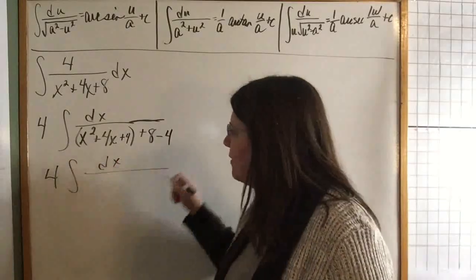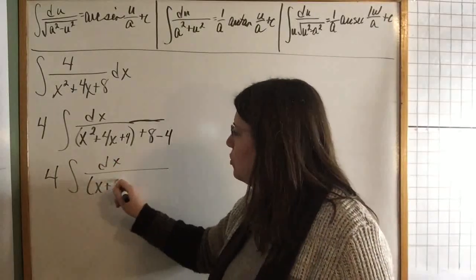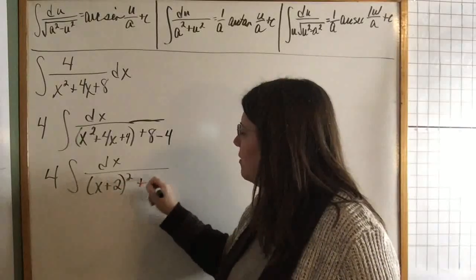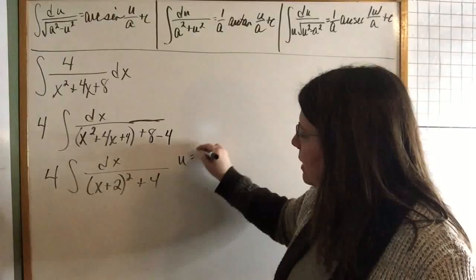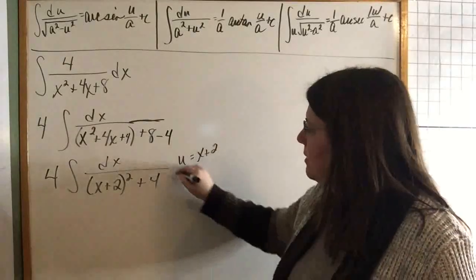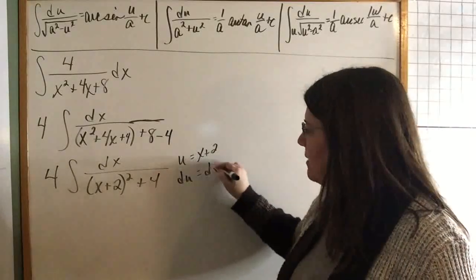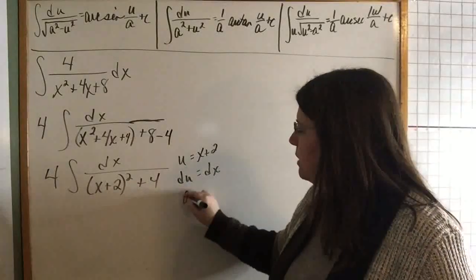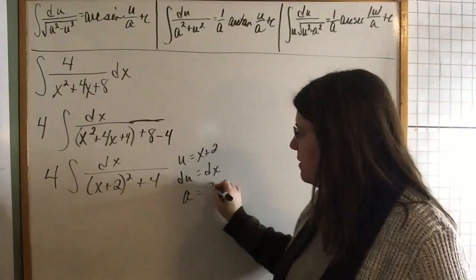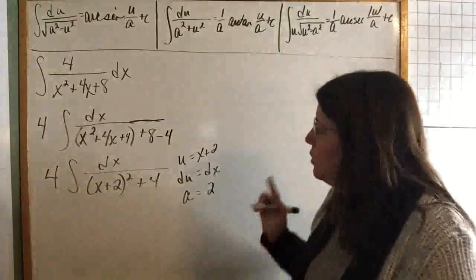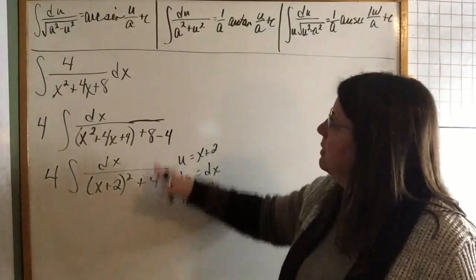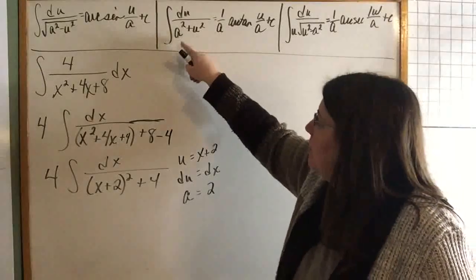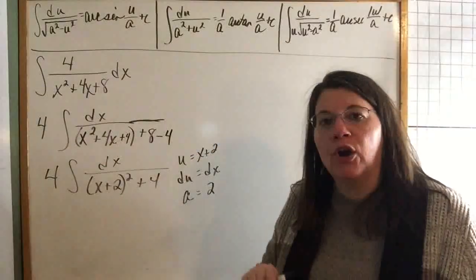So I've got dx over x plus 2 squared plus 4. Now my u value is x plus 2, so that means du is dx. My a value is the square root of this, which is 2. So you see I've got a u squared plus a squared on the bottom, which is again another arctangent.